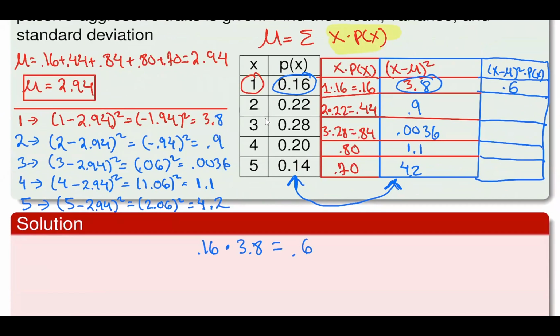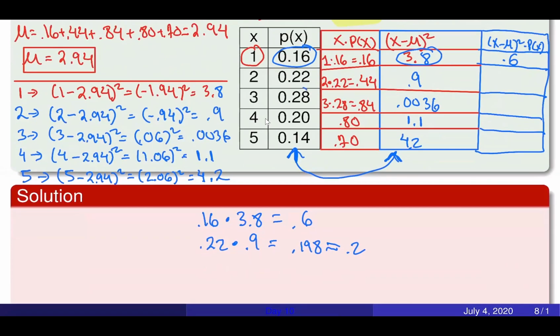Now we're going to say 0.22 multiplied by 0.9, and this is 0.198, but we're just going to round this off to 0.2.